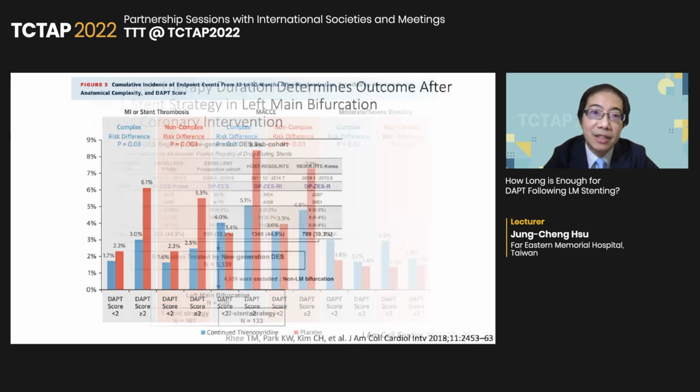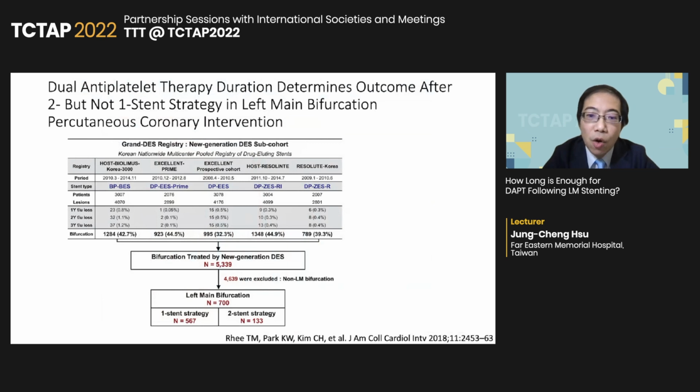not the lesion complexity. And Korean colleagues have published in JACC Intervention 2018, dual antiplatelet therapy duration determines the outcome in 2-stent strategy in left main bifurcation. They collected the prospective DES registry and found left main bifurcation in over 700 patients, including 1-stent strategy and 2-stent strategy.